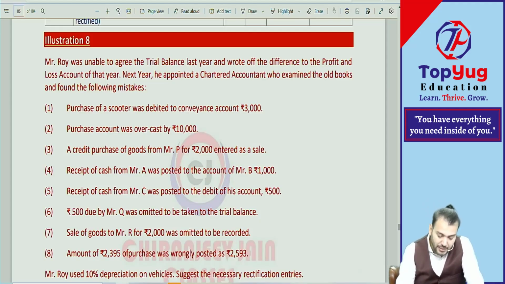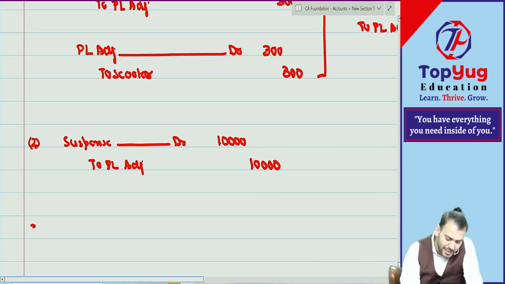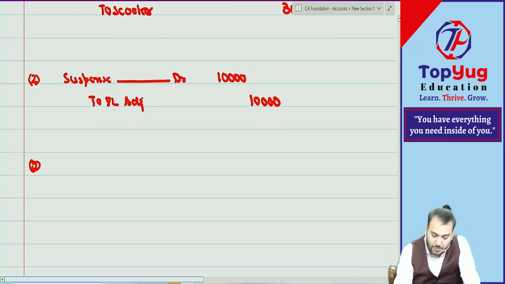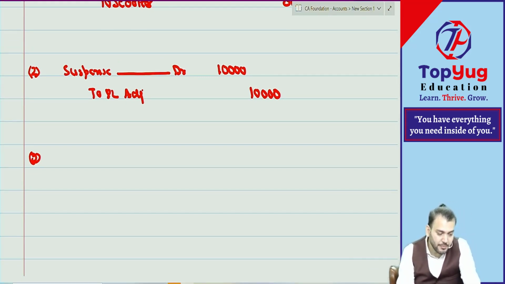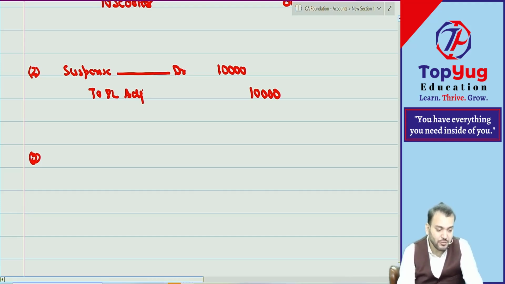Chalo. Then a credit purchase of goods from Mr. P for rupees 2000 entered as a sale. Have you done it? You have done it directly. So what have you done? PL adjustment account debit to P. What amount? 2000. Two times PL adjustment account you have done.